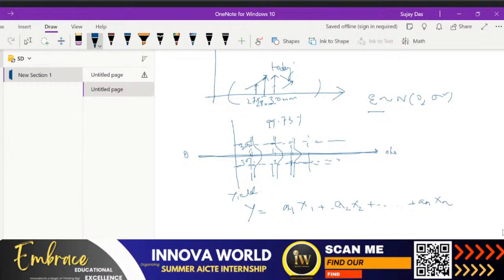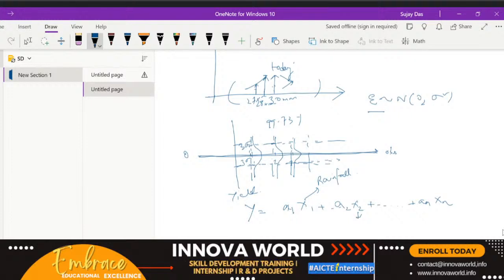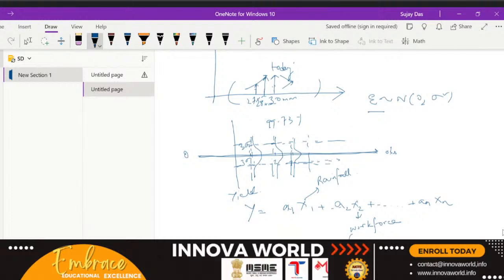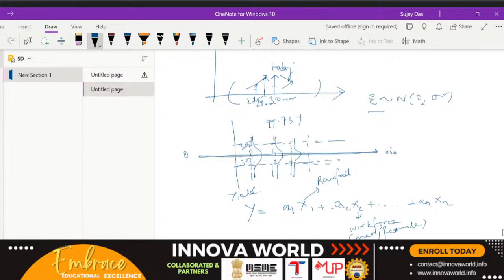Here x1 can be the amount of rainfall, and x2 can be workforce. Workforce may be either male worker or female worker. Anything.